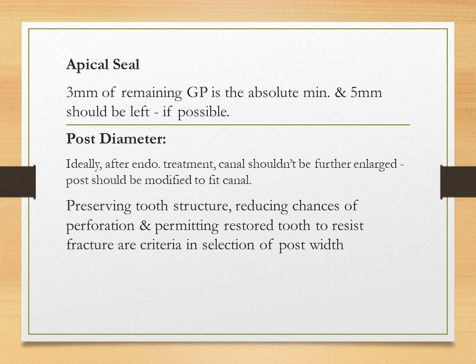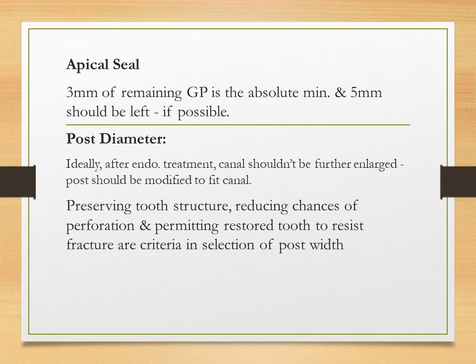But that doesn't make sense, because you actually want to prepare the post space also. That is why we have our Peeso reamers and the dedicated post drills, which now come with your prefabricated post systems. So what we generally do is choose the smallest drill, and then proceed to as large a size as is required.